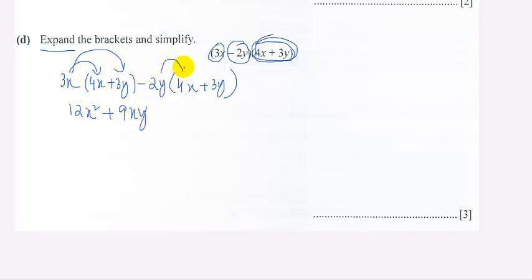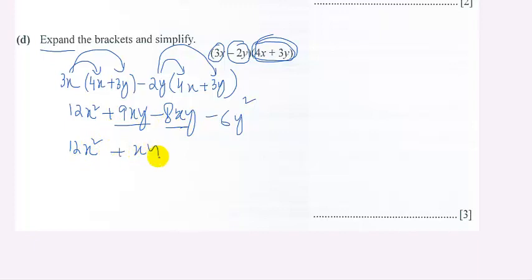Now this, minus 8xy, and with this, minus 6y squared. So we have expanded this. Please don't do factorization again. So this is 12x squared plus xy minus 6y squared.